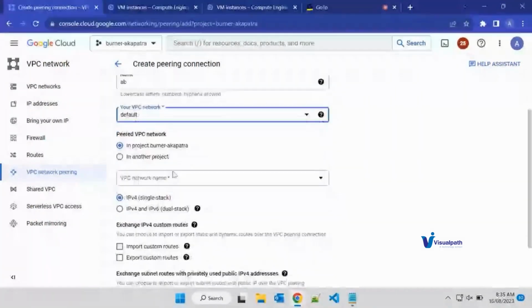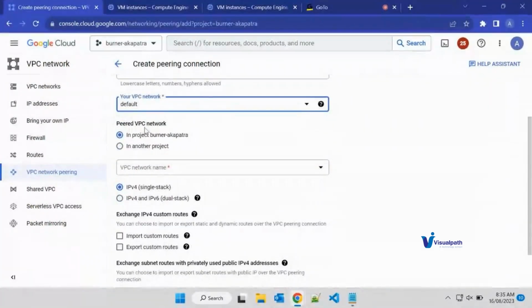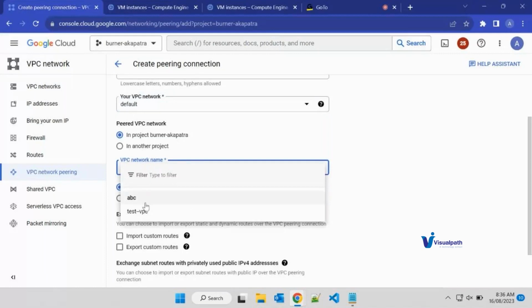Now the important question is where is your peered network? Is it in the same project or in a different project? You can select it accordingly. For our example, I have it in the same project, so you can see the project name also. And then you have to select your destination VPC, so it's ABC VPC.